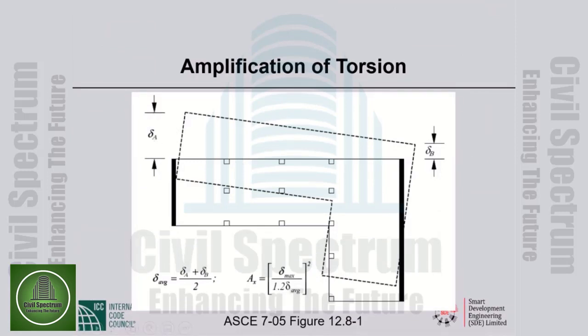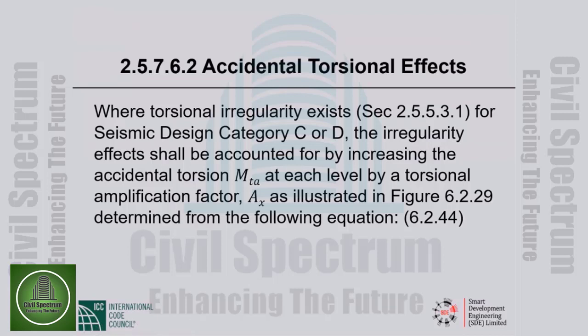This is maximum, this is minimum. Average is delta sub A plus delta sub B by 2. The accidental torsion amplification factor A sub x is the maximum deflection divided by 120% of the average deflection, the ratio squared, and it is up to 3.